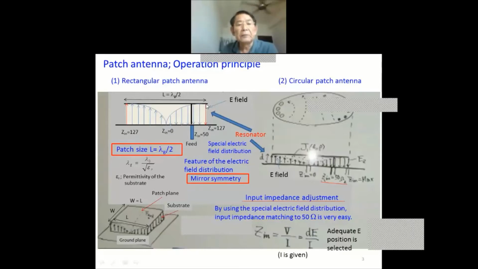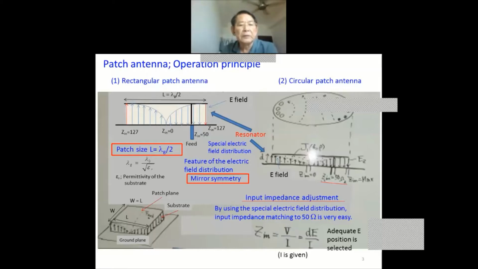From this distribution, we can understand this length is half wavelength of the inside wavelength. The wavelength in this substrate is calculated by lambda 0, the free space wavelength, divided by root epsilon r.